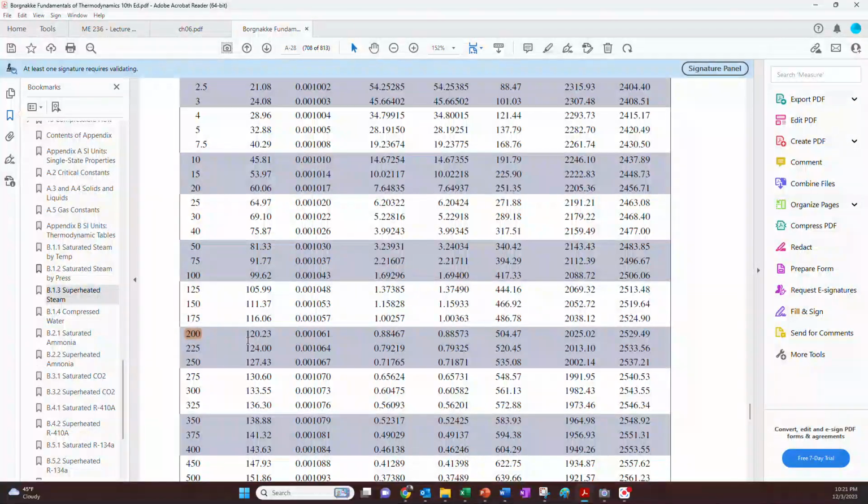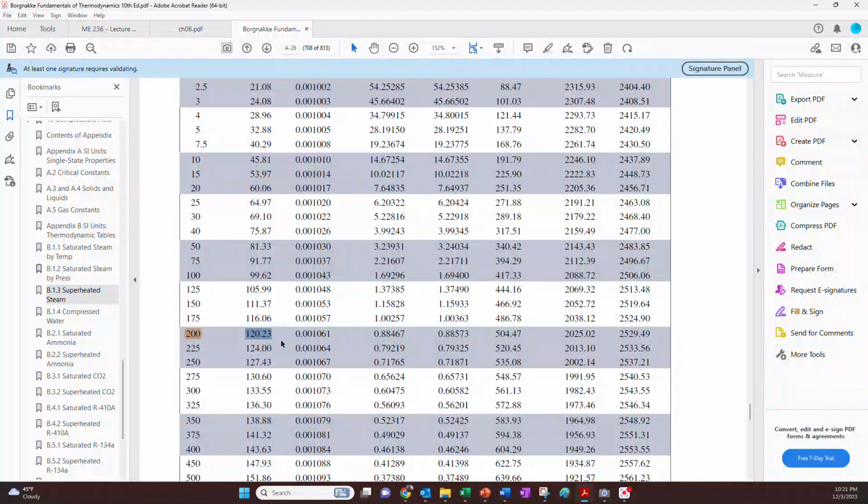If we cared, we might get that Tsat, if I'm looking at this right, is 120.23 degrees Celsius.